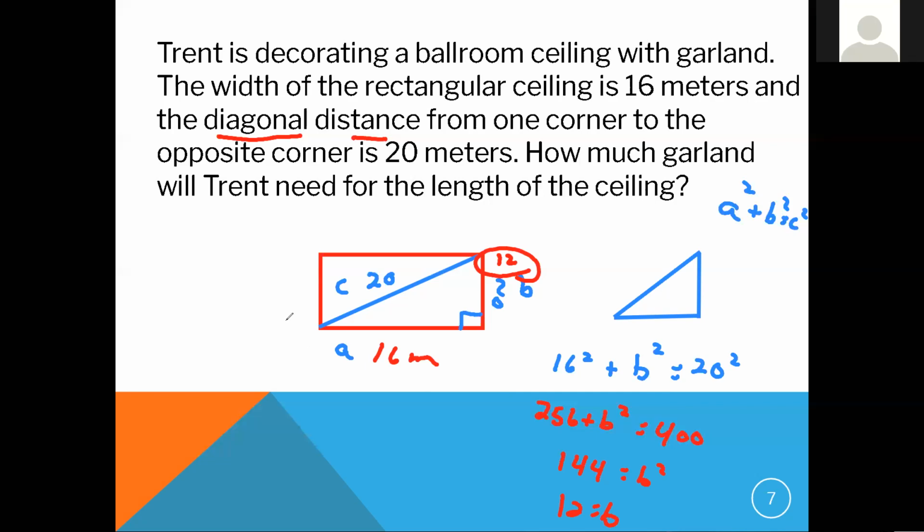If they say a TV has a diagonal of this and a width of this, you would set up a rectangle, and they're probably going to be asking for the length. Or they do that with baseball diamonds, because a baseball diamond is actually just a square turned sideways, and they'll give you the diagonal.